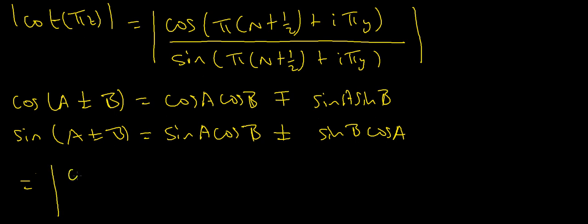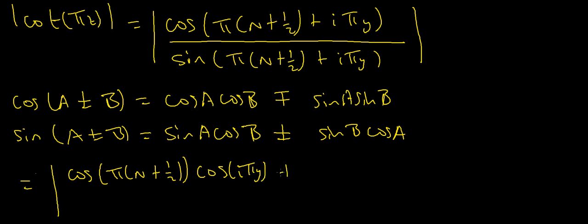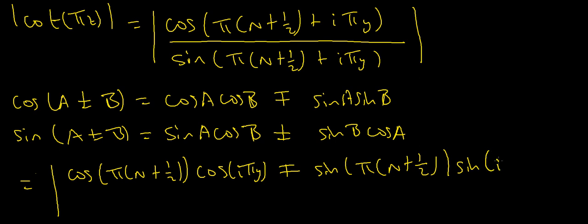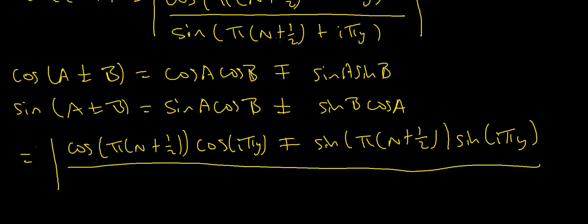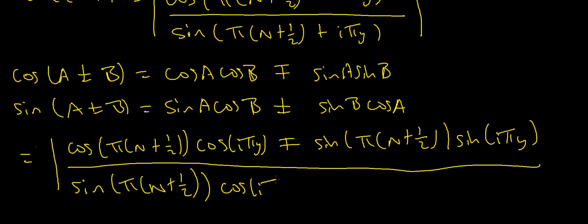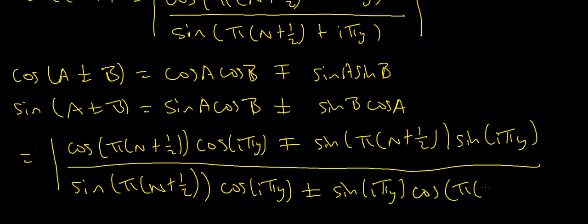Well, this is going to be cosine a, so cosine of (pi n plus a half), times cosine b, which is cosine of i pi y, minus plus sine of the same bunch of stuff, so pi n plus a half, times sine of i pi y, and all of that is going to be divided by this, which is sine of (pi n plus a half), cosine of i pi y, that's cosine b, plus or minus the sine of i pi y, that was b, times the cosine of pi times (n plus a half).